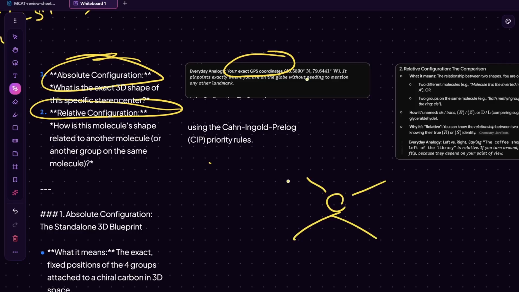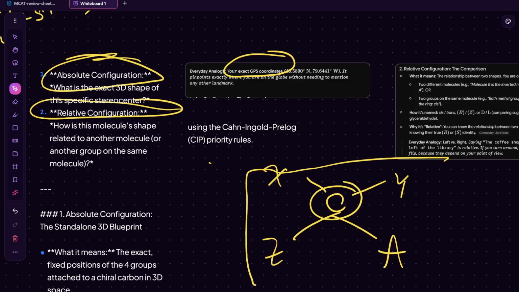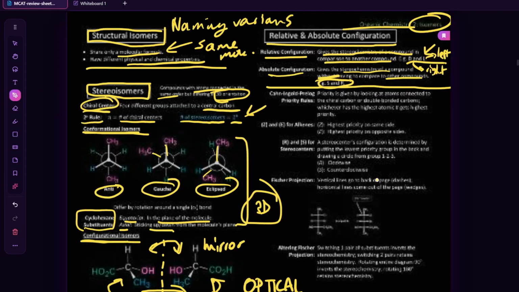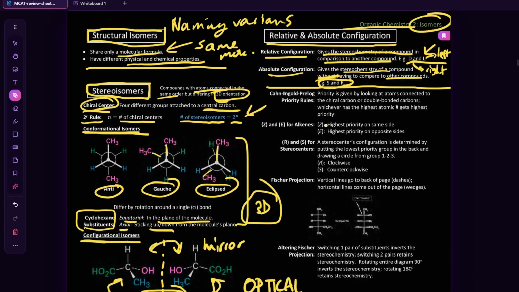If the molecule had X, Y, Z, A, and there's your carbon in the middle, this is the exact 3D shape. You find the exact 3D shape using Cahn-Ingold-Prelog, in other words, CIP. If you go back, this is what the CIP priority rules are about, finding absolute configuration. Then you need to practice questions to get good at this.